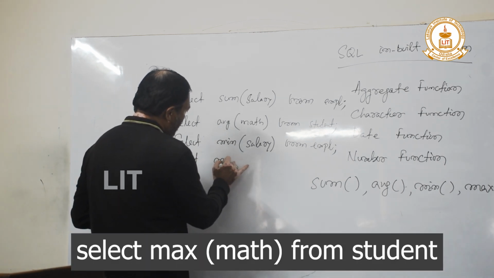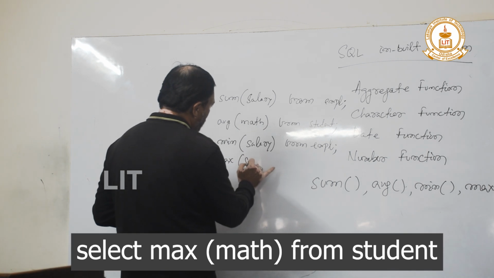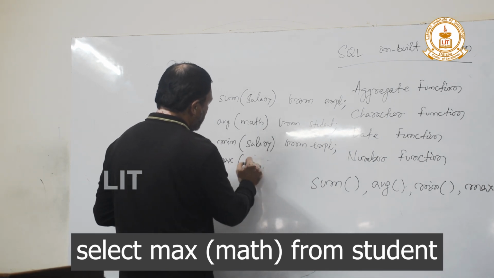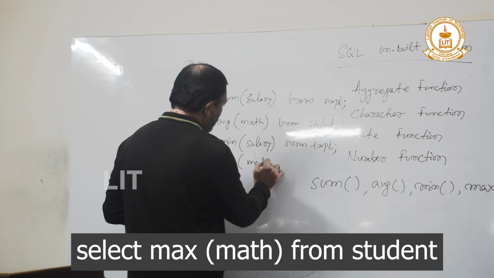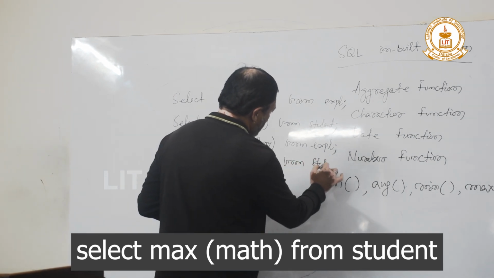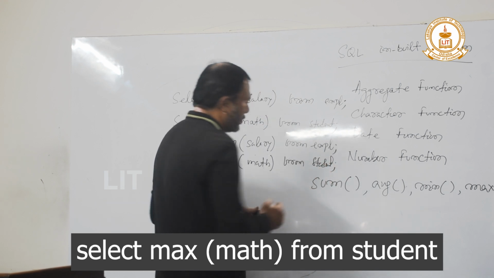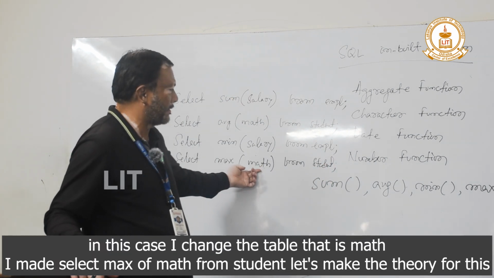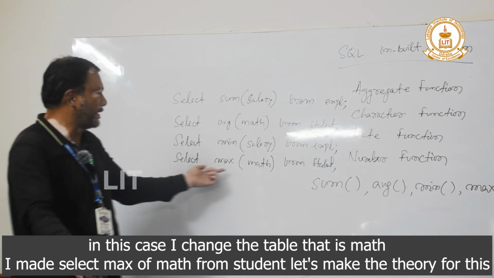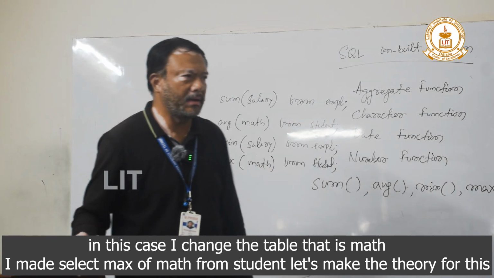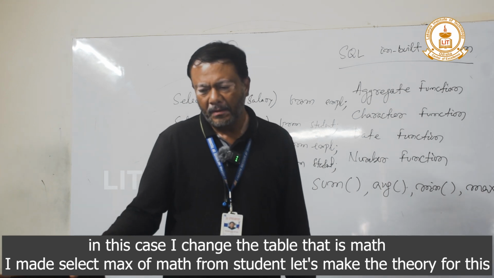Okay, same way you just make it for maximum. Select max of salary, or suppose let's take a subject, max of math from student. In this case, I changed the table, that is math. I made select max of math from student. Let's make the theory for this.